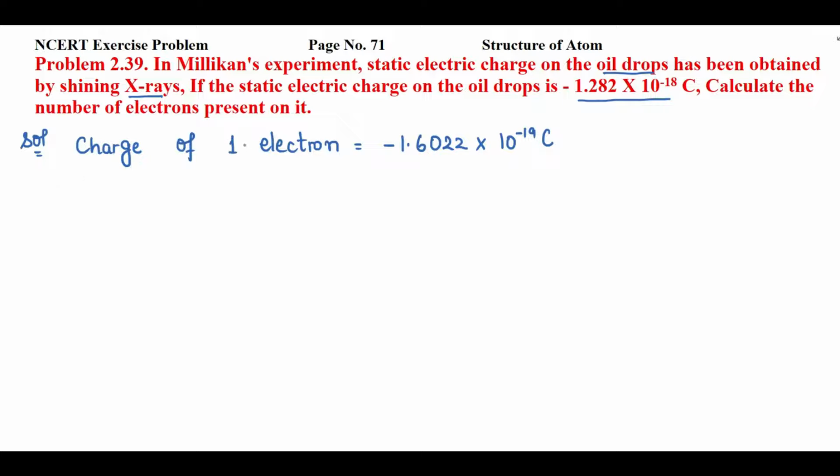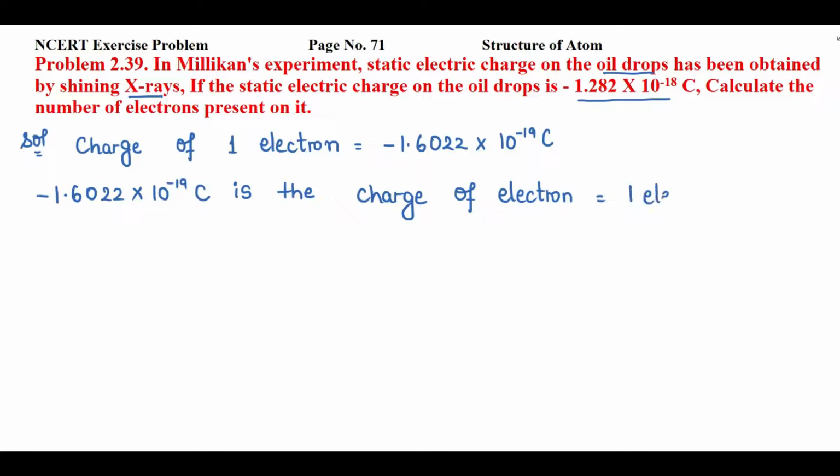Now we'll apply the unitary method over here. That minus 1.6022 into 10 raised to power minus 19 coulomb is the charge of electron equal to 1 electron.